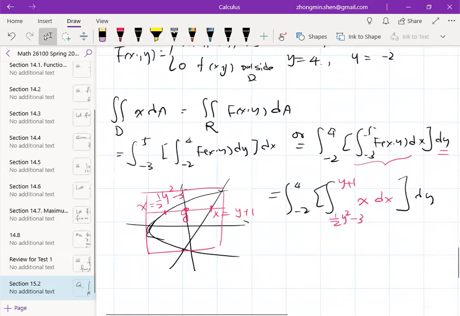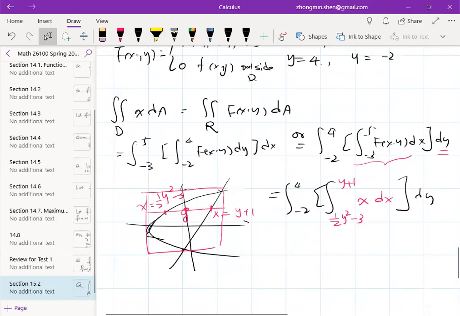y is fixed for the inner integral. For fixed y, you can easily determine the domain for x. So you replace the interval from negative 3 to 5 with an interval that depends on the y variable.